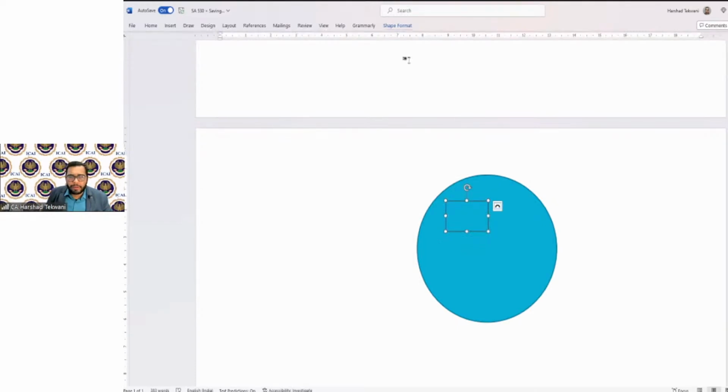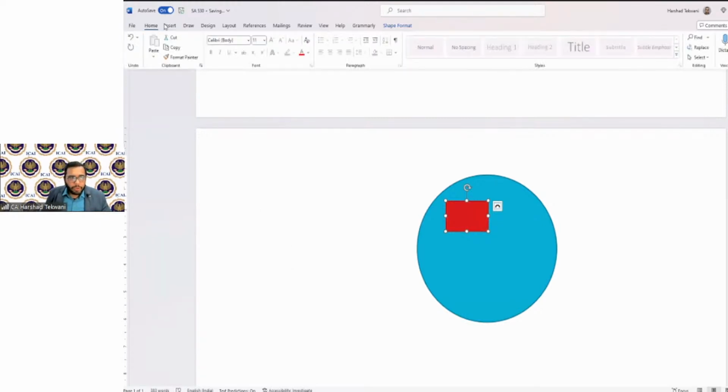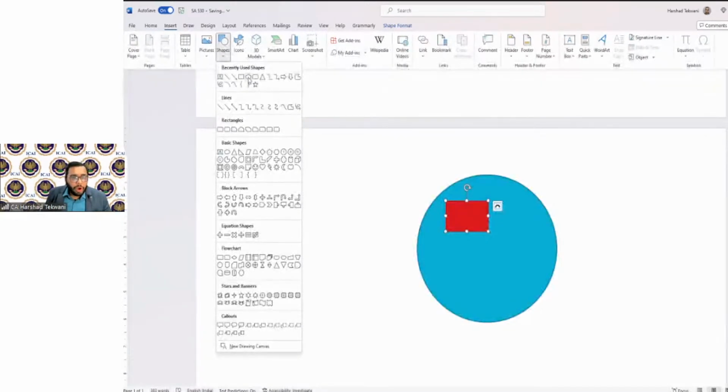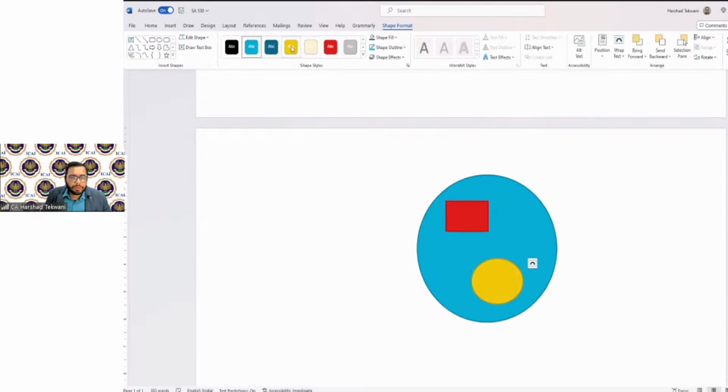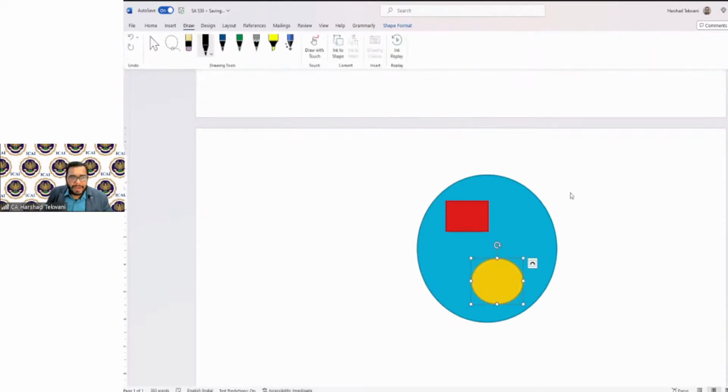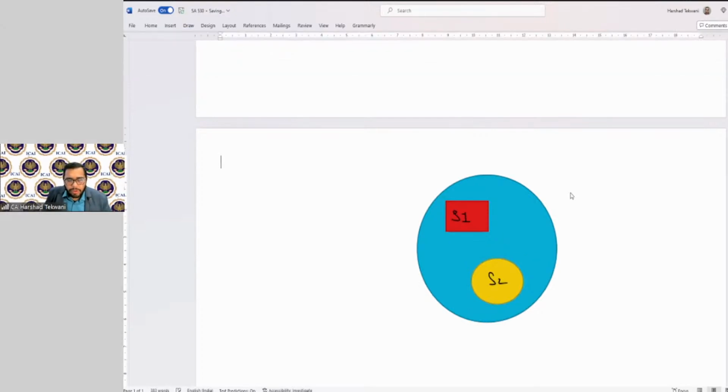This sample from the population may not represent the whole population. So the audit risk is that whatever sample I'm selecting, let's say this is sample 1 and this is sample 2.